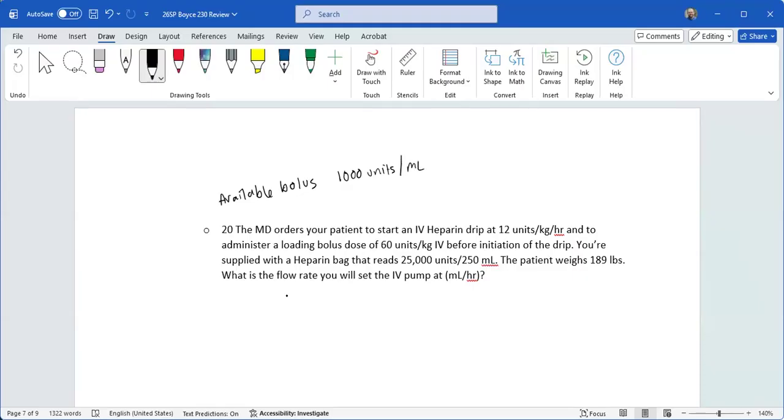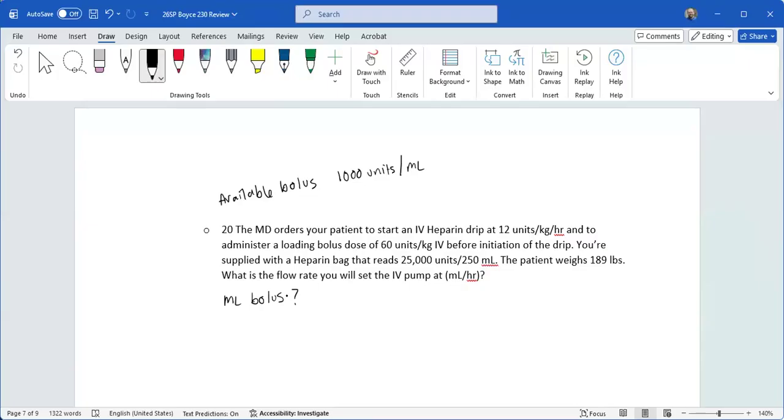So the question says, and this is for everyone, so everyone can attempt this question. What we're calculating, you can ignore this unless you want to do that, but what I want to know is what is the ml for the bolus for this particular question. And when you get your answer, just type it into the chat.